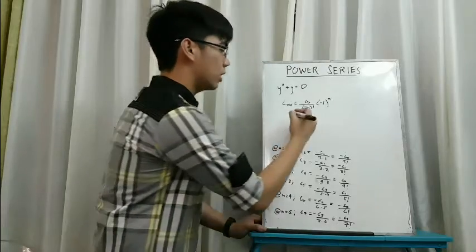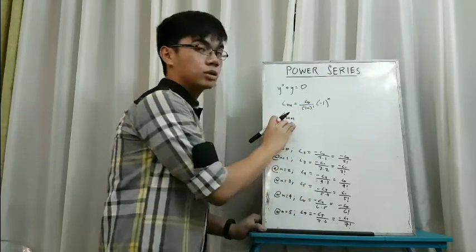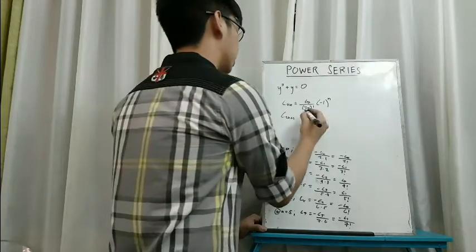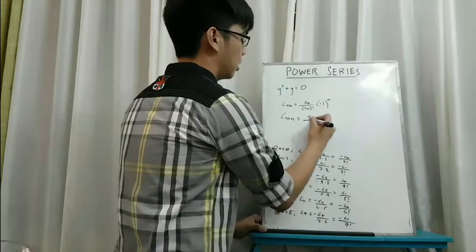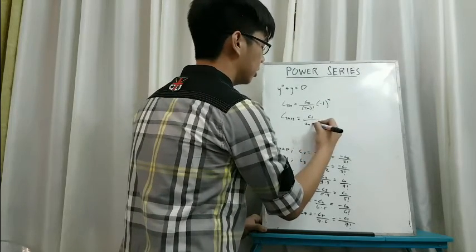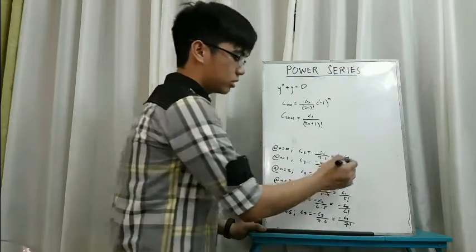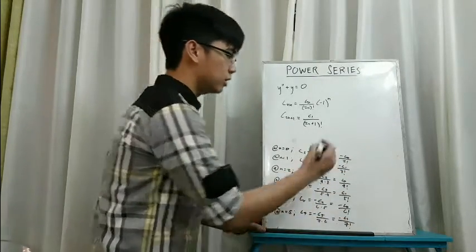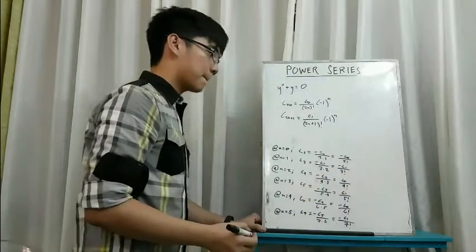Now let's move on to odd numbers. This is represented by odd numbers. If this is C0, this is C1, and following its pattern gives us this. It's also the same in terms of its sign, so we multiply by negative 1 raised to n.